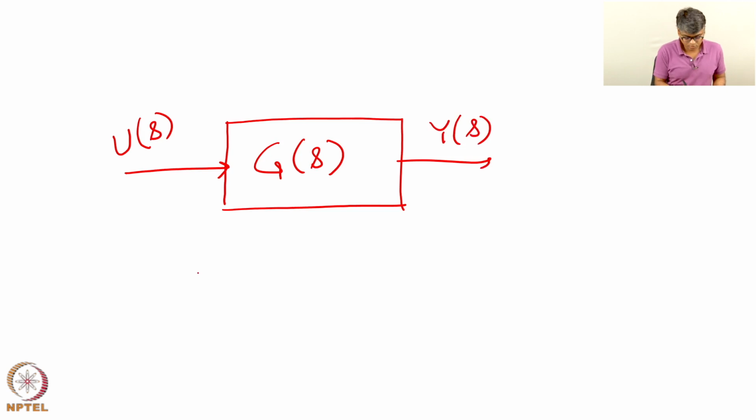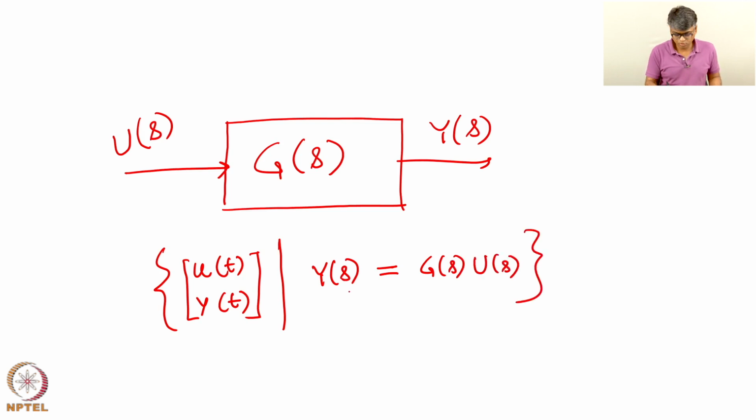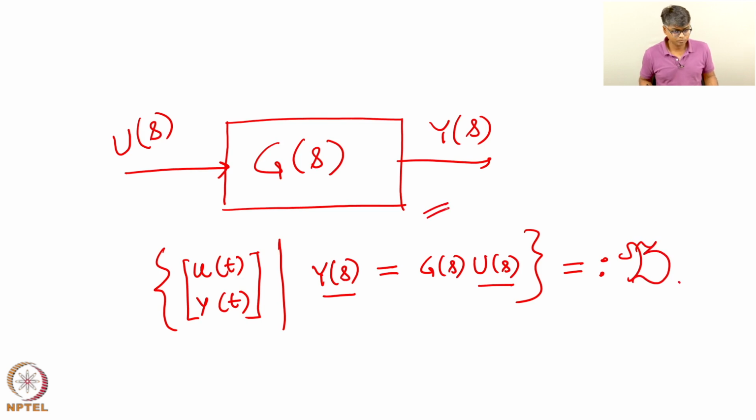If you look at the corresponding time functions u(t) and y(t) and look at all these two-tuples which are possible, that is with 0 initial conditions, the ones whose corresponding Laplace transforms satisfy this relation, that itself is the behavior of this system described by this transfer function.